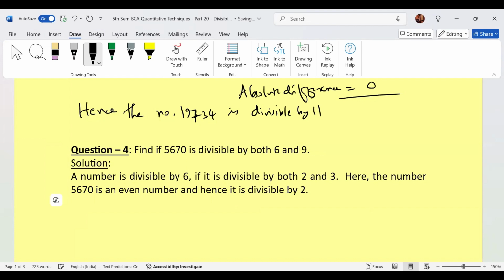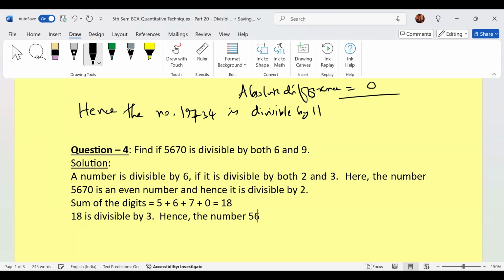Sum of the digits here it is 5 plus 6 plus 7 plus 0. If we add, 13 plus 5, 18. 18 is divisible by 3. Hence, the number 5670 is divisible by 3.